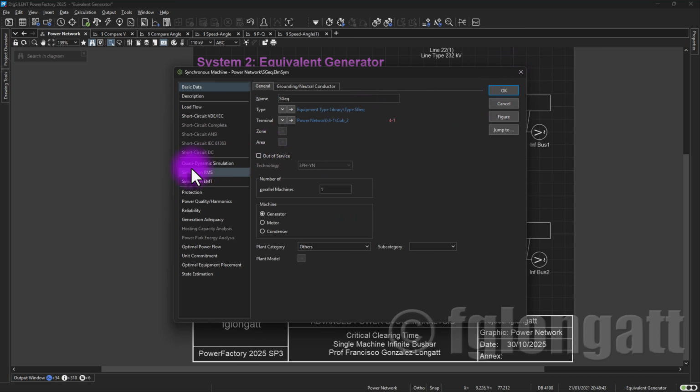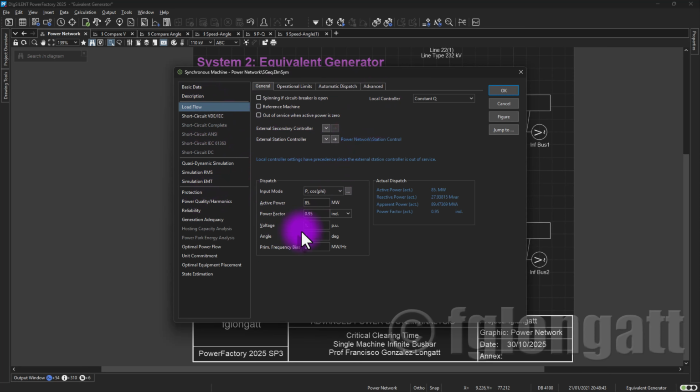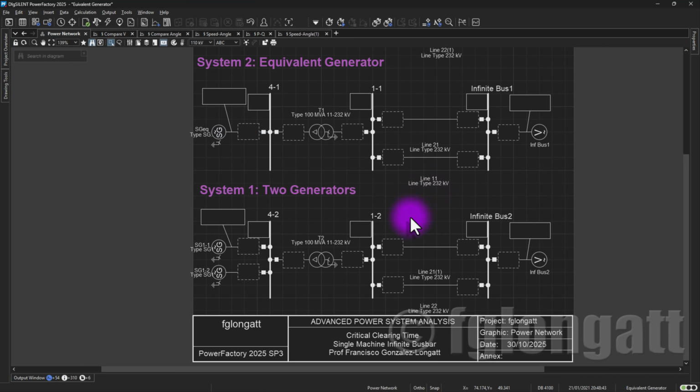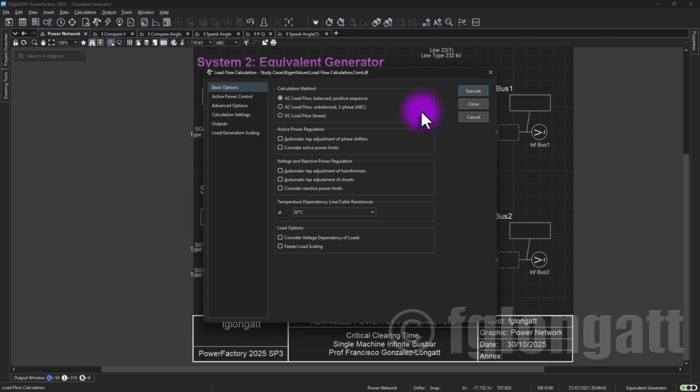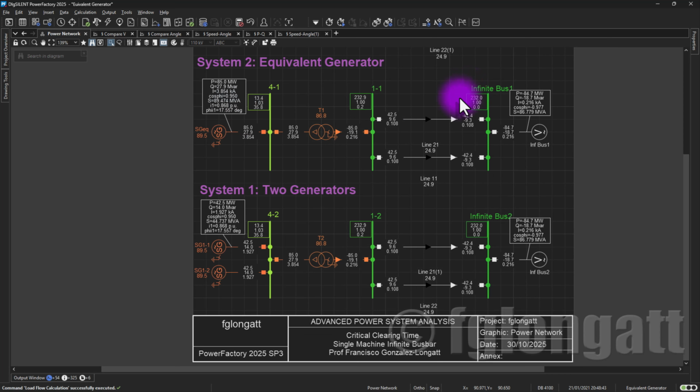And now, let's see the power dispatch. As you can see over here, we are working with an active power dispatch of 85 megawatts and the power factor is 0.95, and this is an inductive power factor. So the first step is we want to run a load flow, and the idea of running the load flow is to compare the results in steady state conditions.